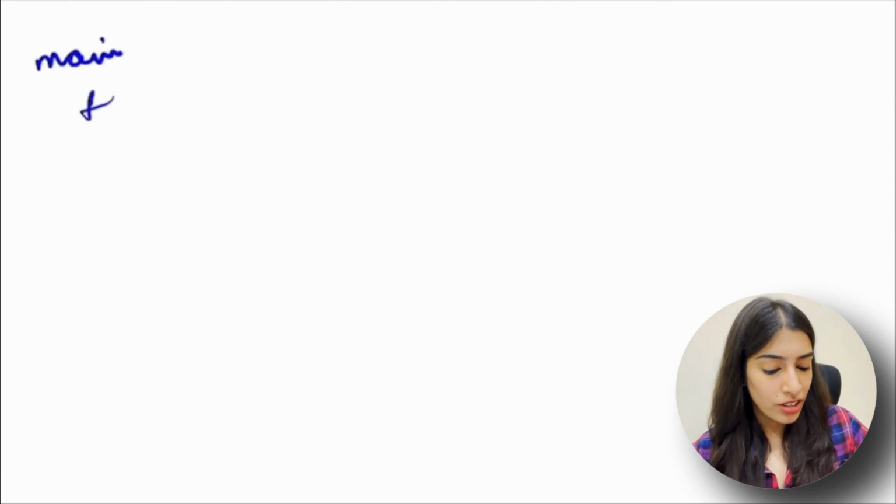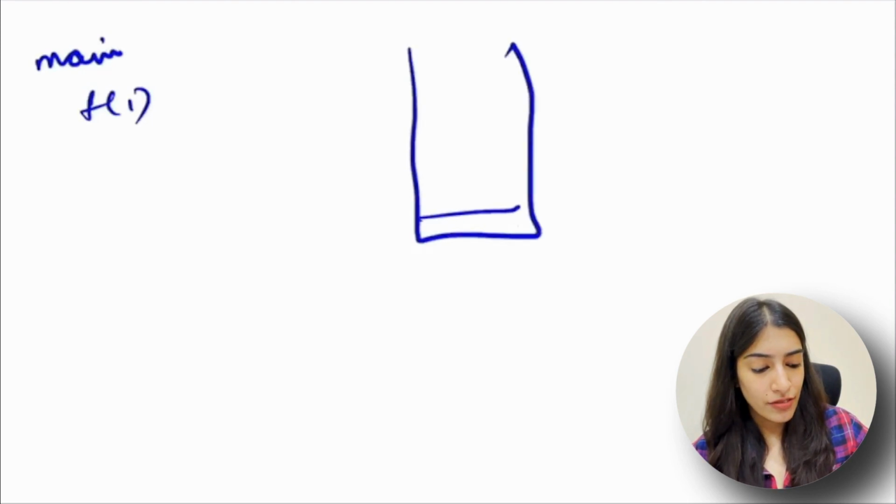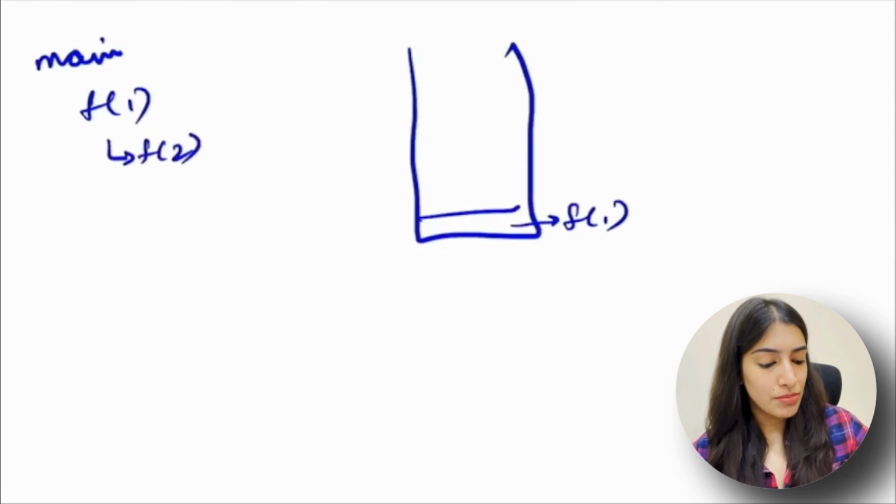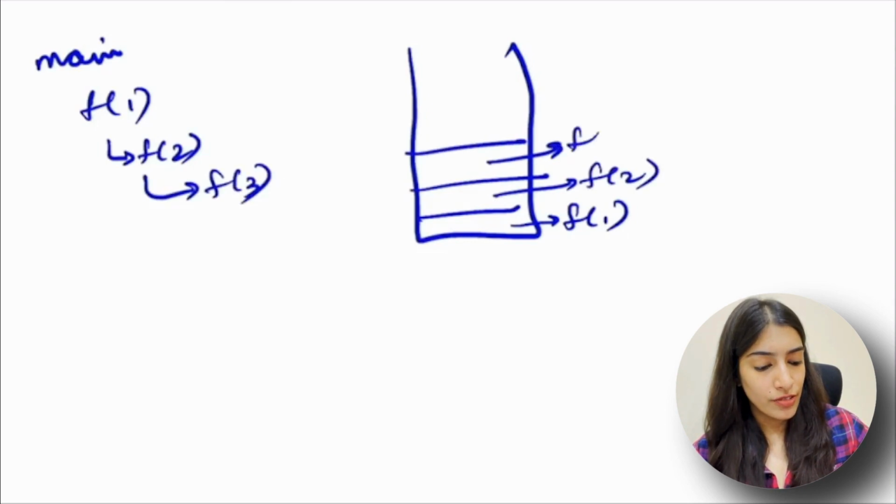To understand this point properly, let's draw our diagram again. So from our main, what did we do? We called the function for 1. So we allocated some memory in the stack for f of 1. Then we called f of 2, so some memory was allocated for f of 2. Then we called f of 3, so some memory was allocated for f of 3.